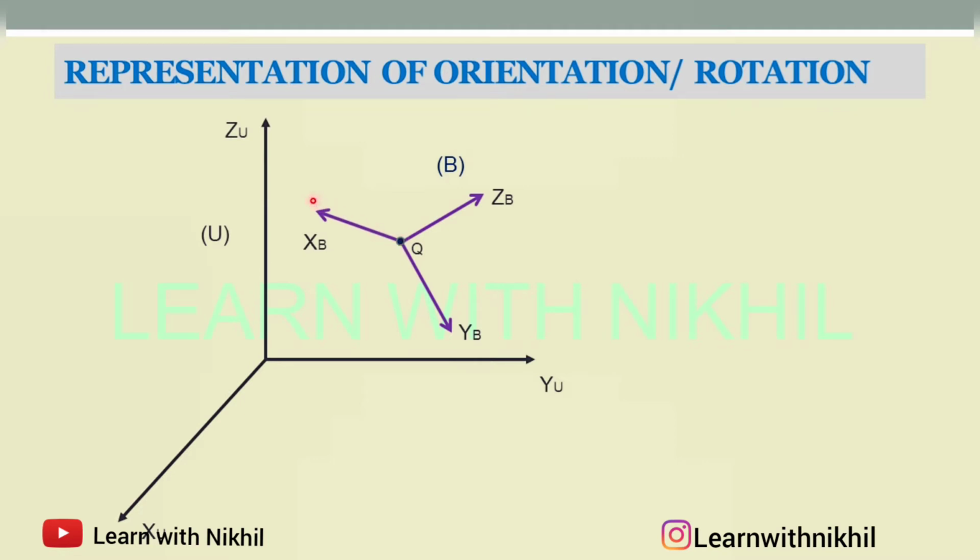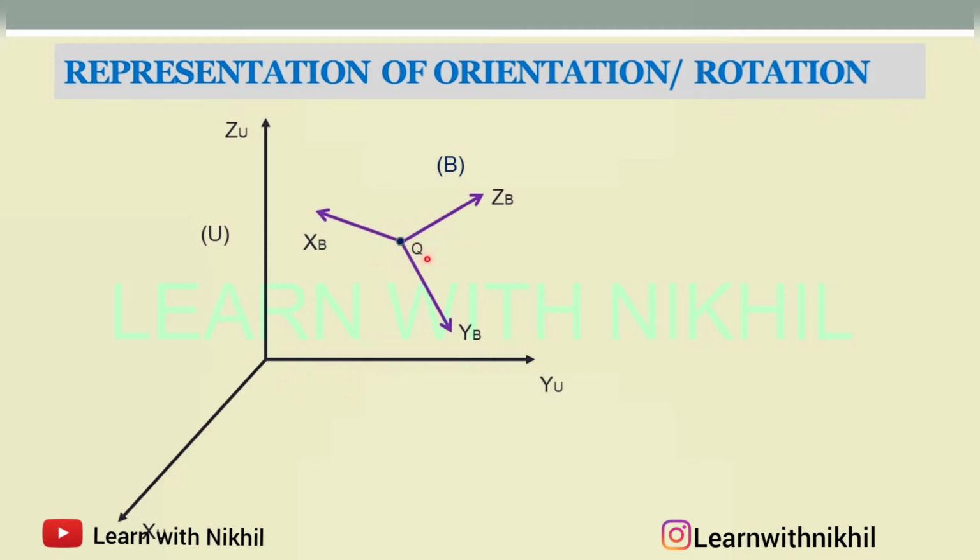Now here you can see XB is not parallel to XU, YB is not parallel to YU, ZB is not parallel to ZU. So this means there is some rotation about XU, some rotation about YU, and some rotation about ZU. That is why this coordinate system is not parallel to this.